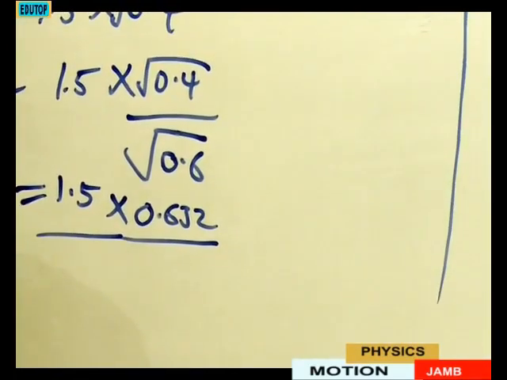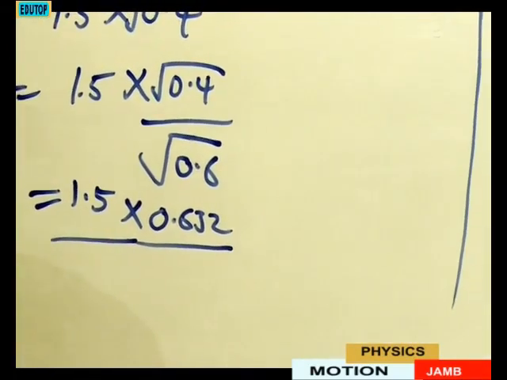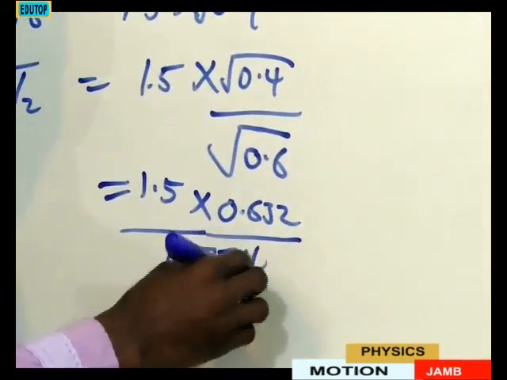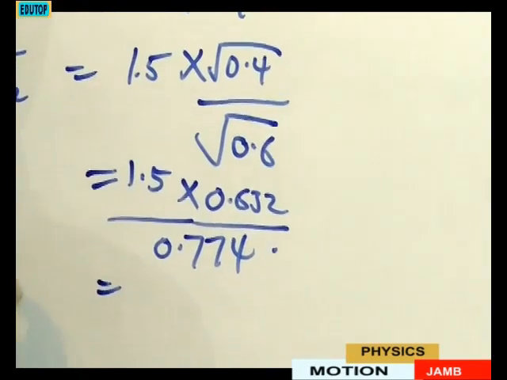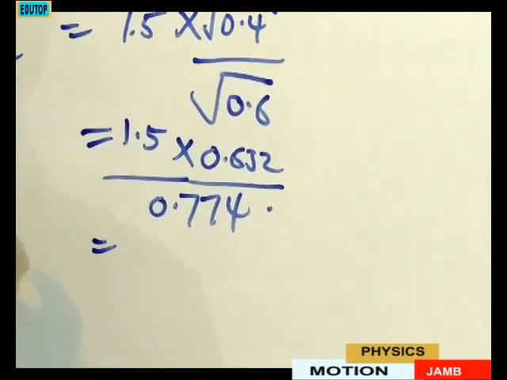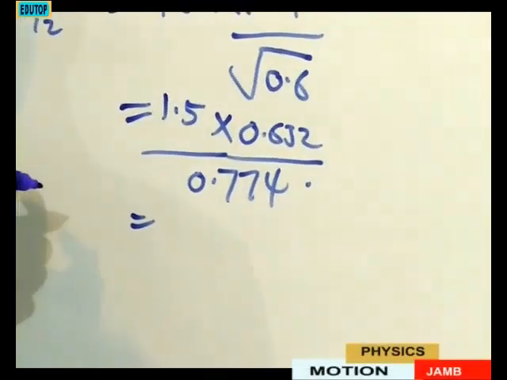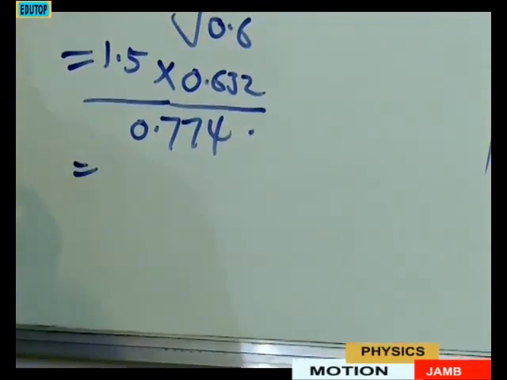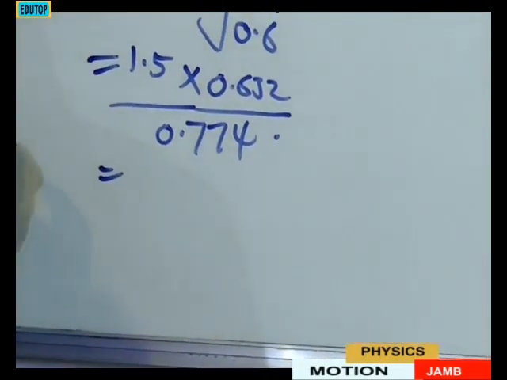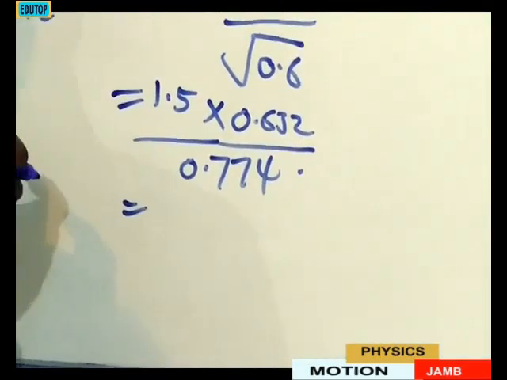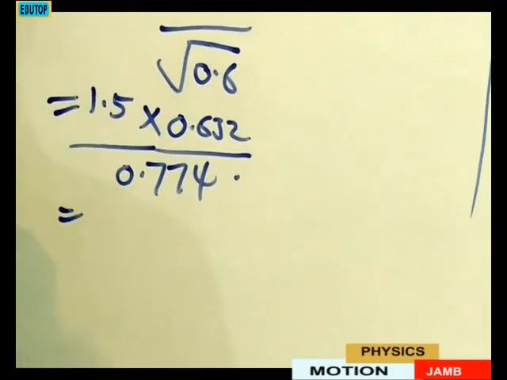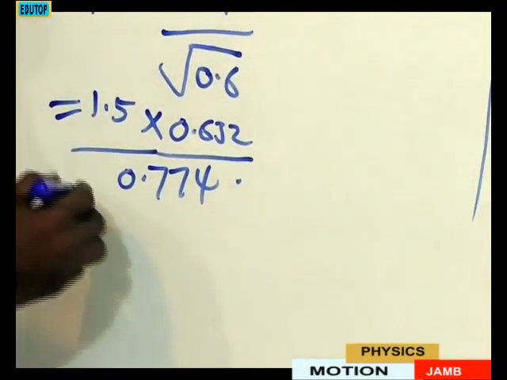For 0.6, we are going to have 0.774. If you multiply everything together, we have the value 1.5 multiplied by 0.632, everything divided by 0.774.